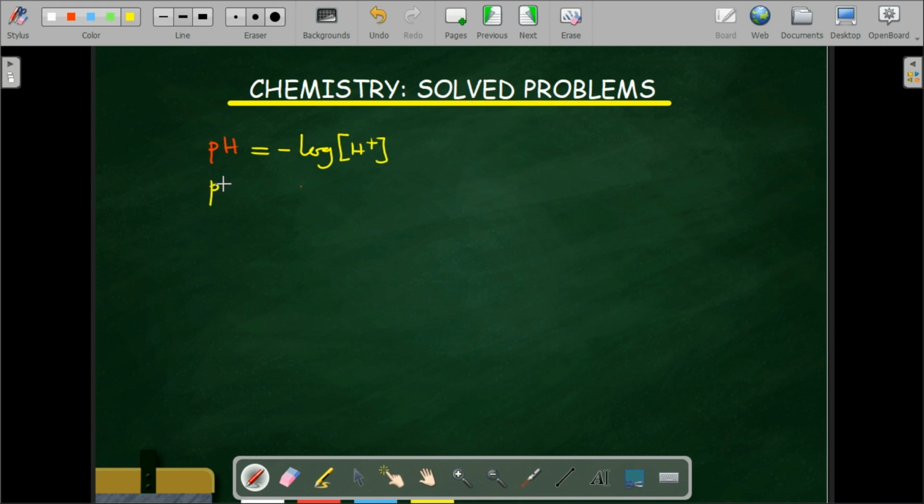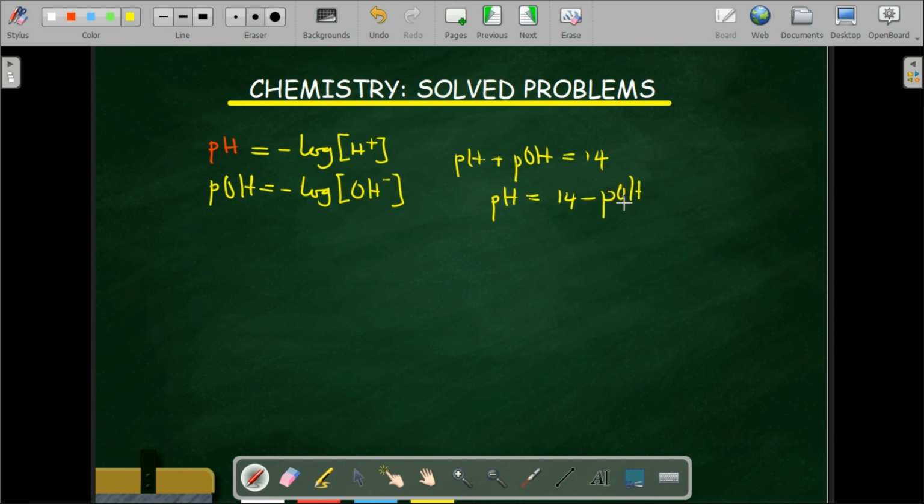And you could say the pOH is also the negative logarithm of the concentration of hydroxyl ions. Okay? And technically the pH added to the pOH gives you 14. So in other words, you could calculate pH as 14 minus pOH. Okay? So this is very important.